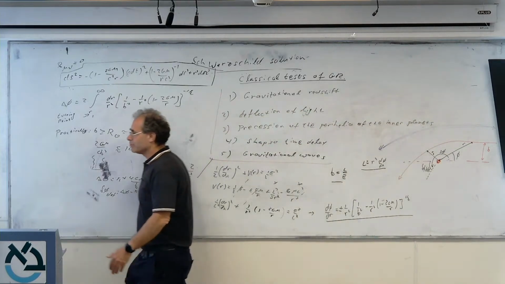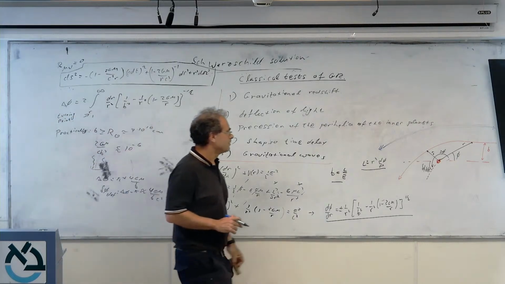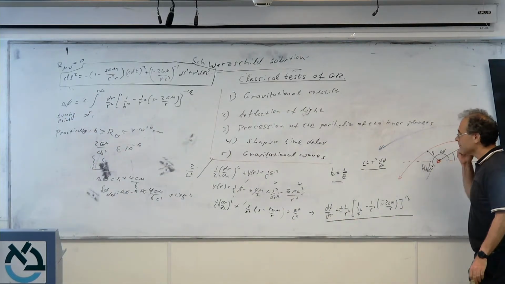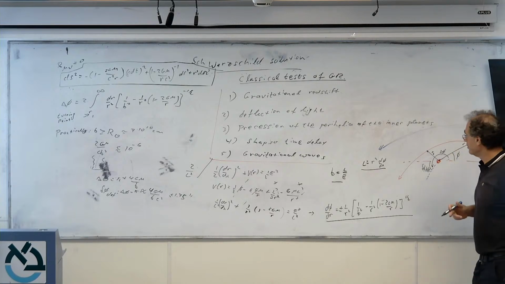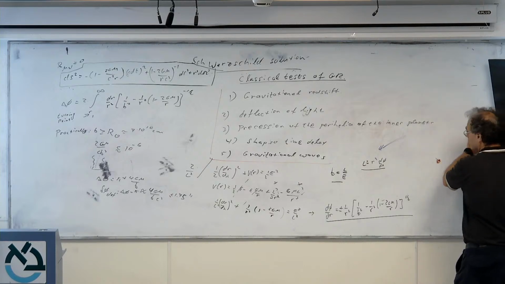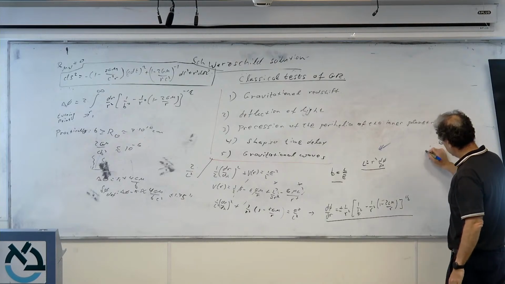And about the precession, again, since we understand that many of you have not seen that properly, there will be a special tutorial about that as soon as possible. And the idea, again, we said that motion is limited in between r min and r max.